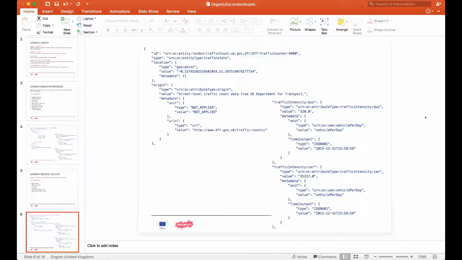And on the right, for a certain location where it was counted, we can see that there were 320 buses on that day, and 35,000 cars that went through that point. And if you want to see the actual methodology that they use for doing the counts, you can go to the DFT website and look at the traffic counts data.